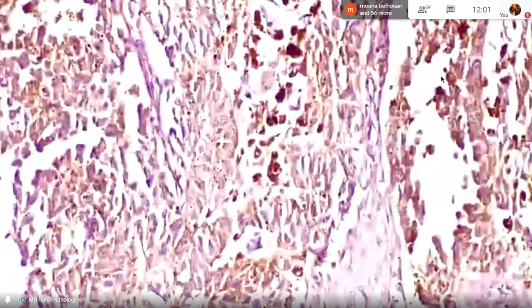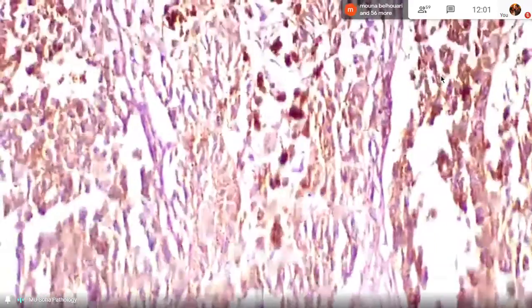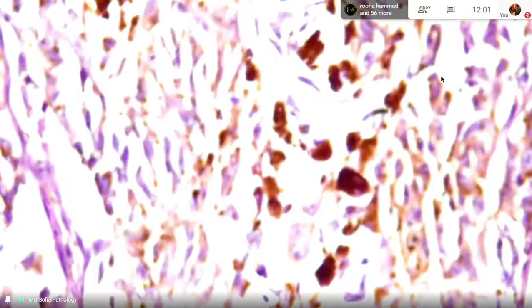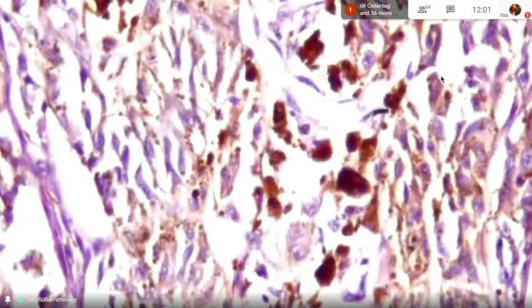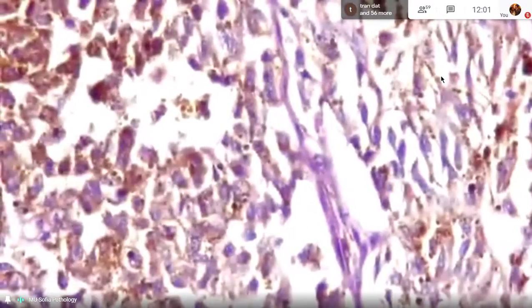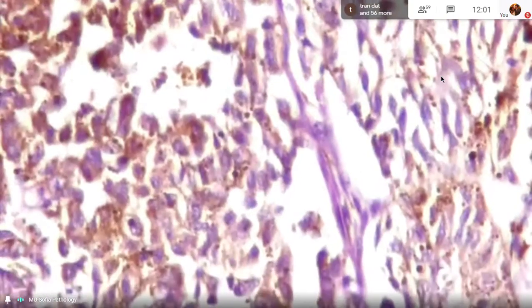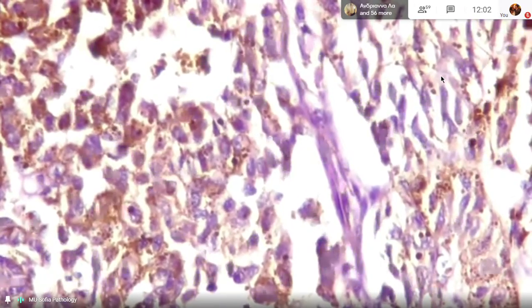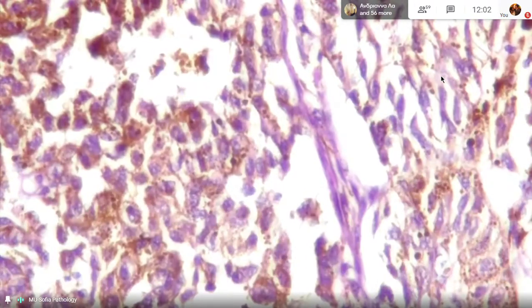But the truth is that even forming nests, you have the impression that the tumor cells do not have good contacts between them. They are discohesive, is the medical term. And beside the pigment, I will center these epithelioid-like cells with the vesicular nuclei in the center.